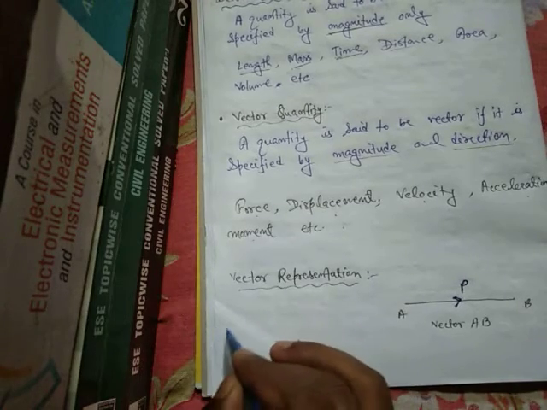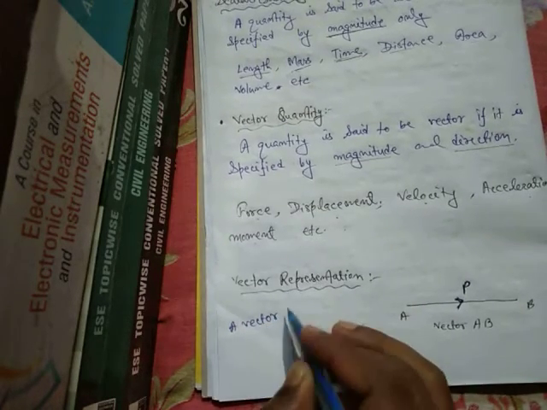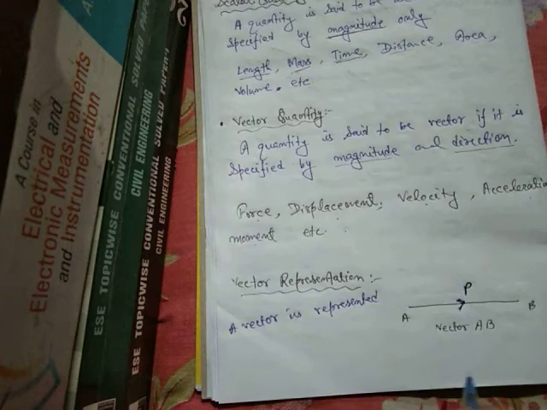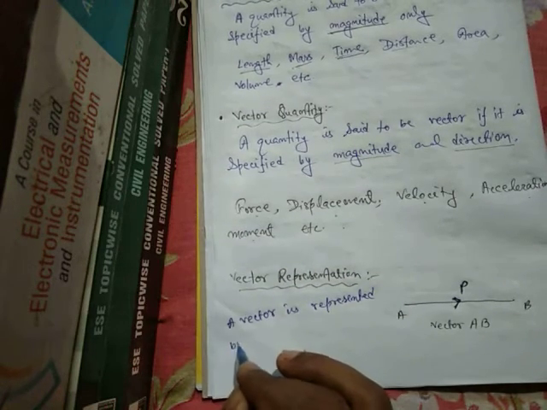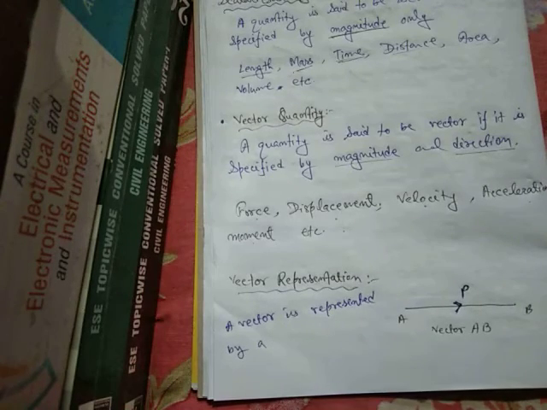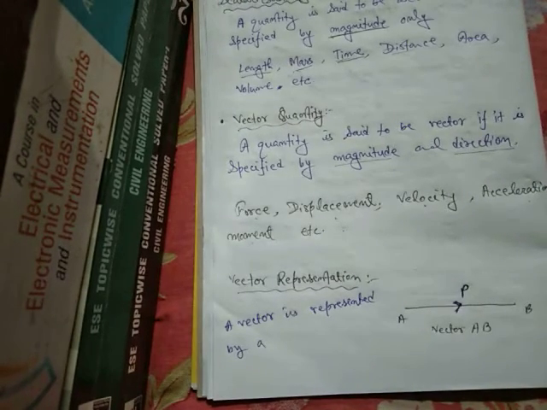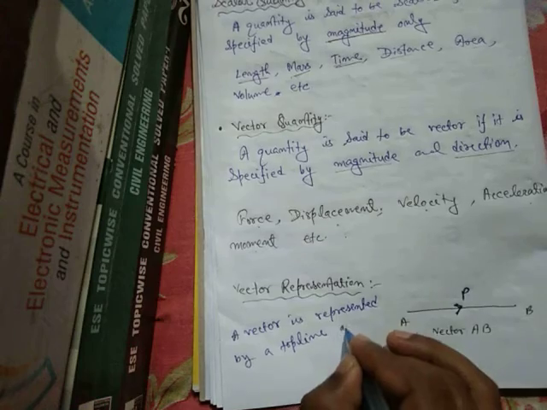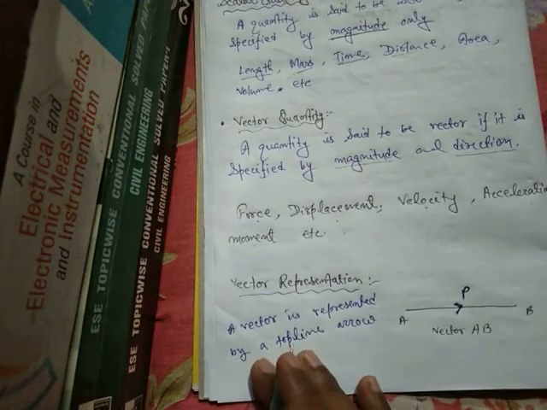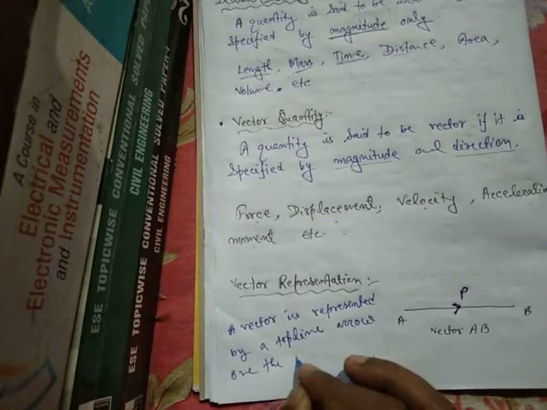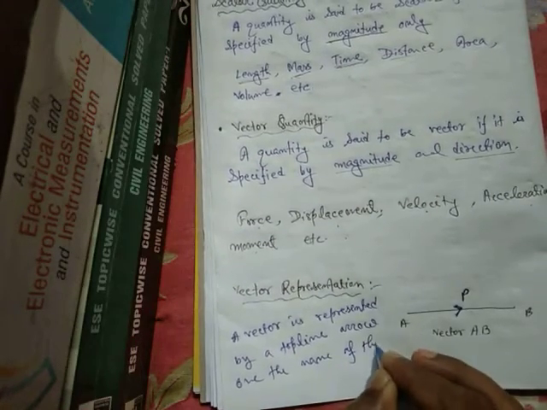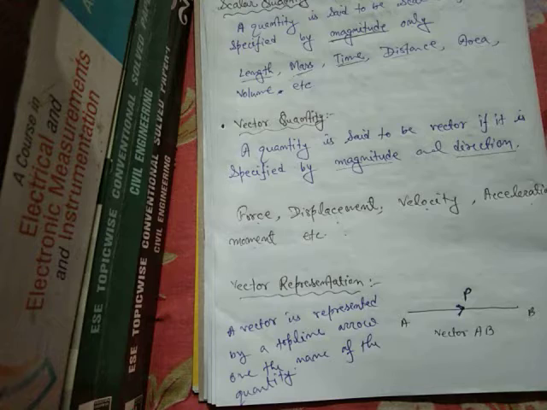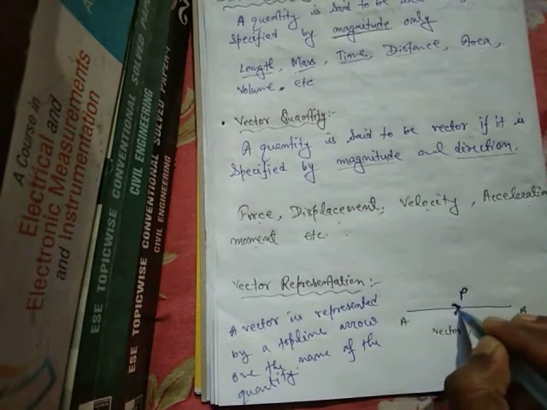Now we can write a vector is represented by a top line arrow over the name of the quantity. This arrow is a vector representation.